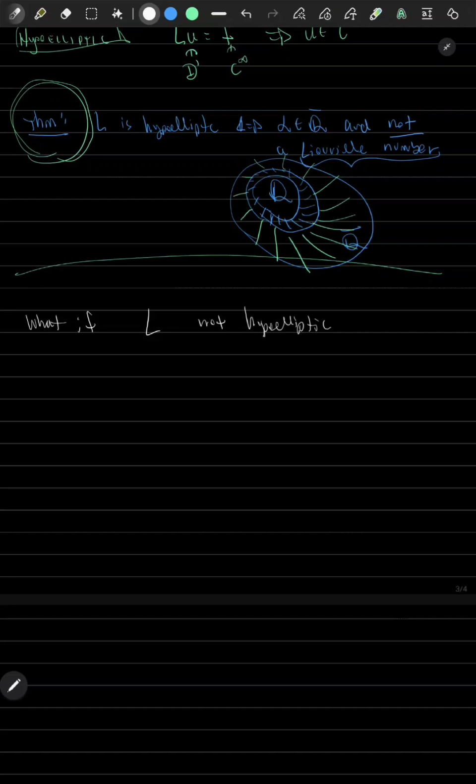Now let's say L is part of a differential equation, which we proved is solvable, and we would really like the solution to be C infinity. This is not hypoelliptic, but we really want it to be. Do we stop there and search for another problem, or can we insist further?